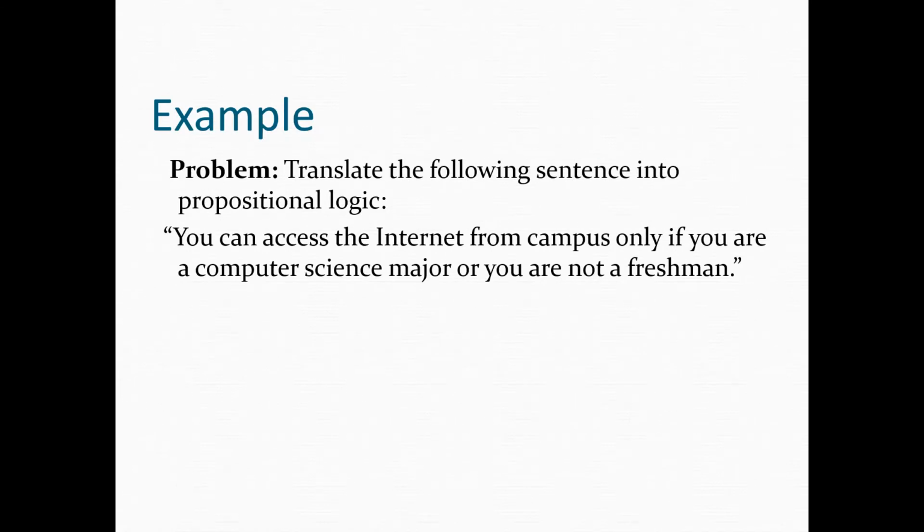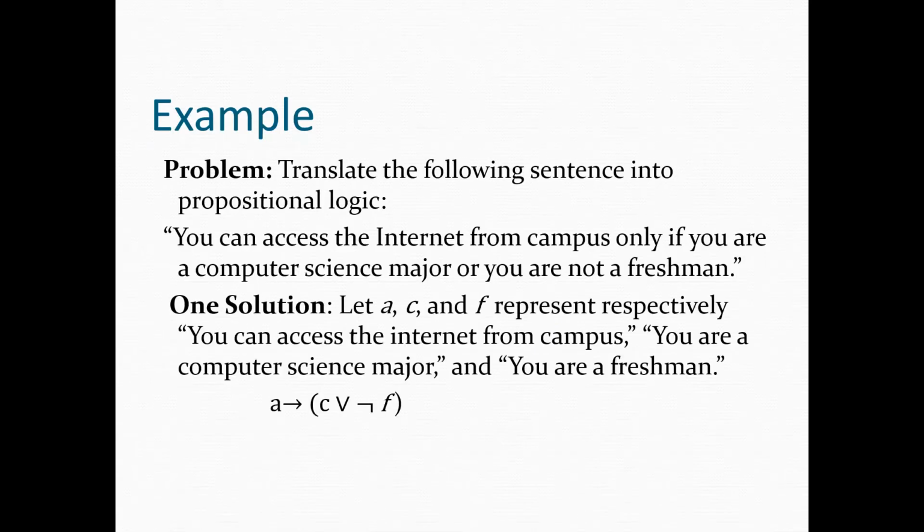There is another example. Translate the following sentence into propositional logic: you can access the internet from campus only if you are a computer science major or you are not a freshman. There are a few statements.